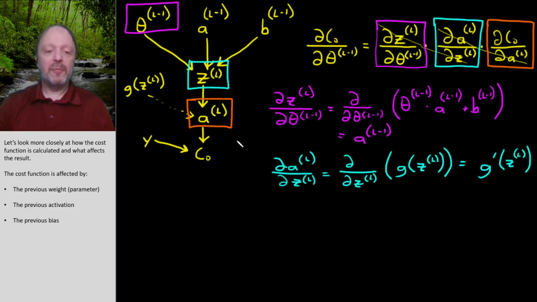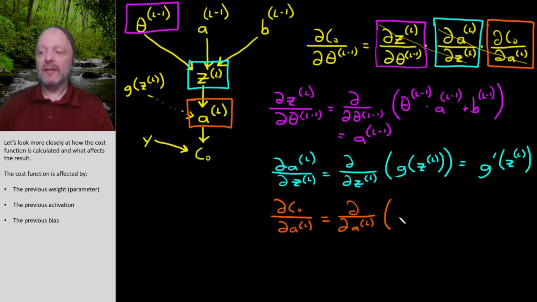Alrighty, final piece. Let's see how the cost is affected by the activation now. So partial of the cost with respect to the activation, well, that's going to be the partial with respect to the activation of, well, what does the cost function look like? Well, it looks like the squared error.